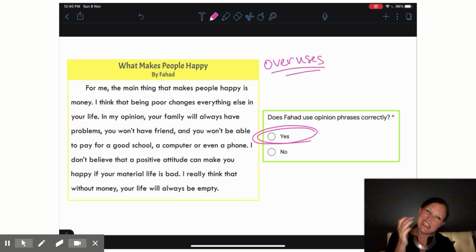You don't necessarily need five different phrases in a 5-sentence paragraph, but it's very clear that Fahad is giving his opinion, and he has used a good variety. So that's kind of a choice of the writer, but it's something to maybe think about.